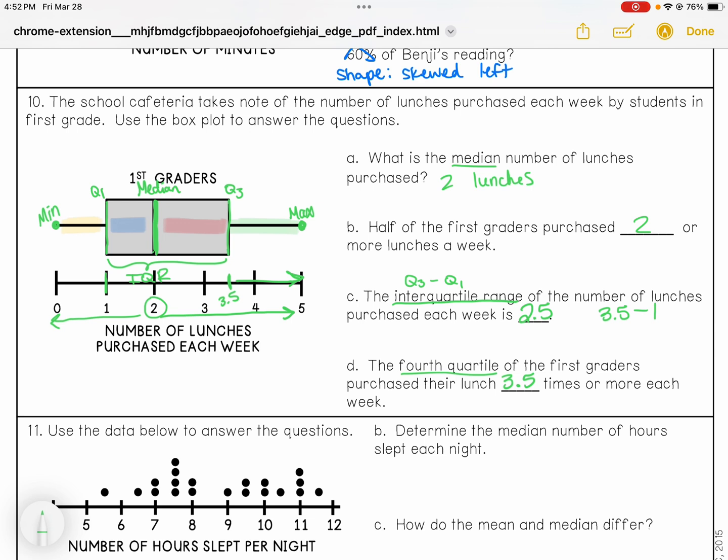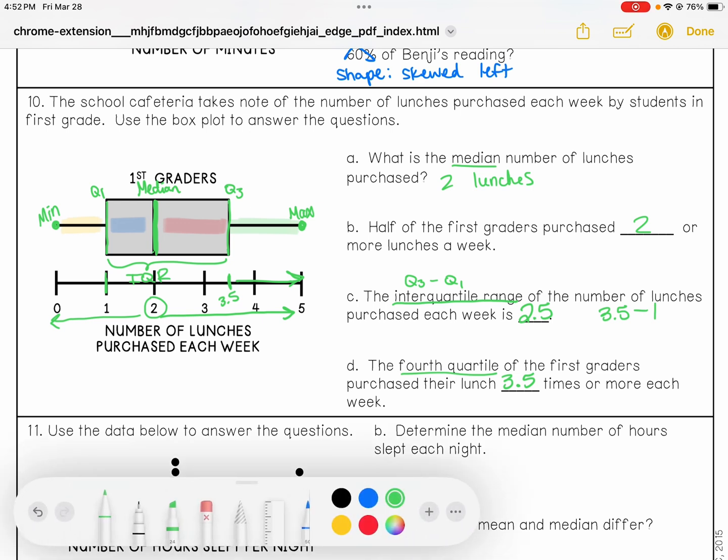Now, the last thing that I want to look at here when we look at the box plot is understanding where the data is close together and where the data is more spread out. If you recall, longer and shorter boxes does not mean more or less data.